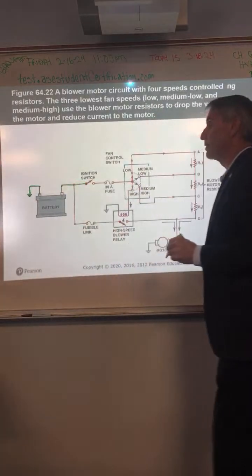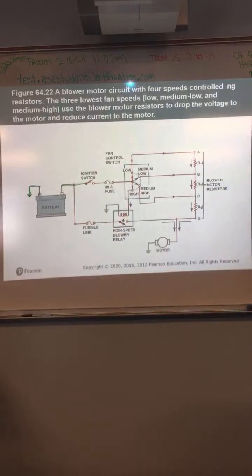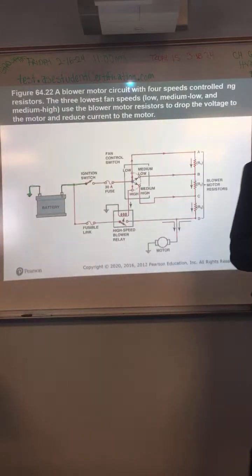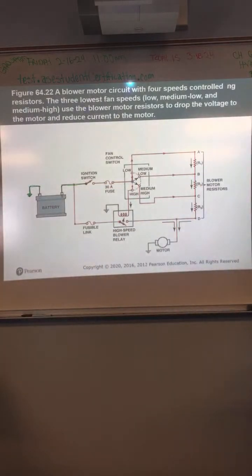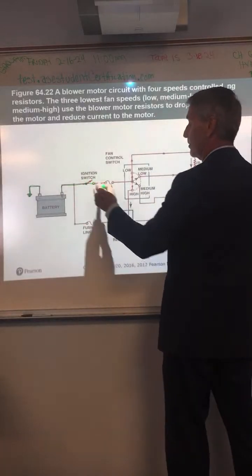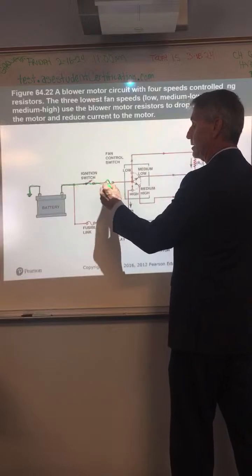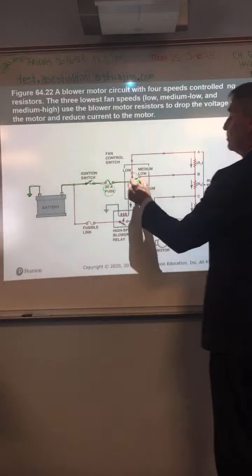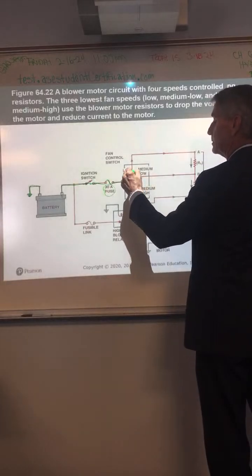Here's your ignition switch. What's happening in this circuit right now? Absolutely nothing. The ignition switch is open. That means you haven't turned the ignition on, so nothing happens. You turn the ignition on, and now we got power flowing. And if the fuse is good, you got power here. Let's say you want the blower motor on low. Here's your low speed.